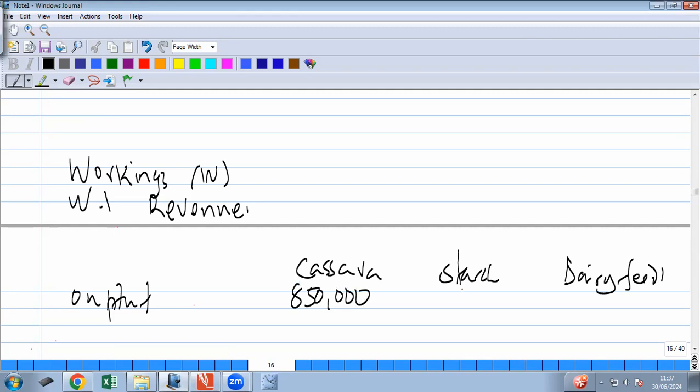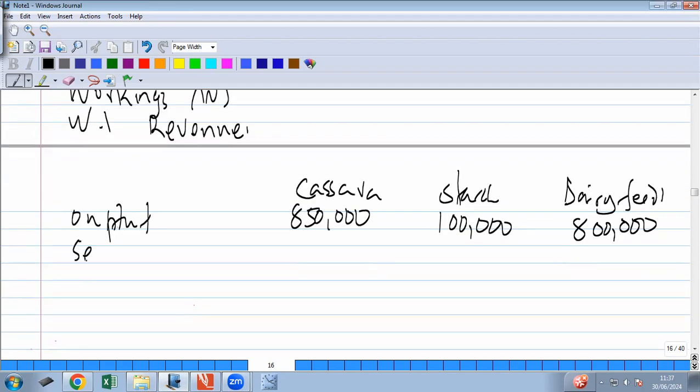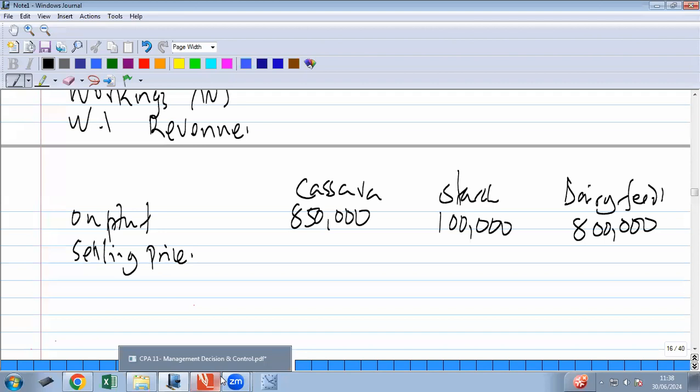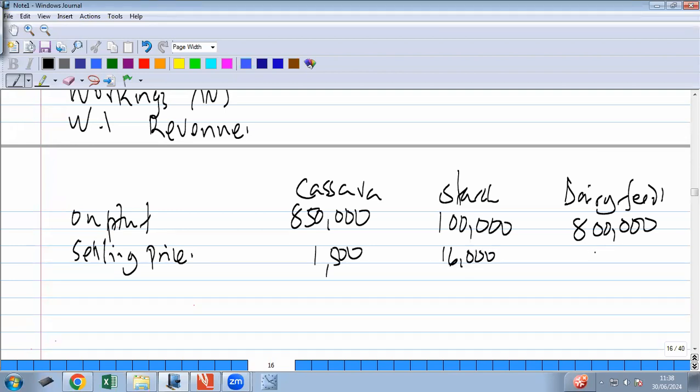Then starch 100,000, and dairy feeds 800,000. So we multiply this with the selling price, which from the question they gave us is the selling price per kilogram, 1,516,500. So we are going to have our revenue here.